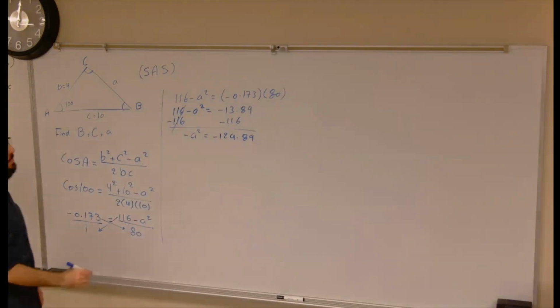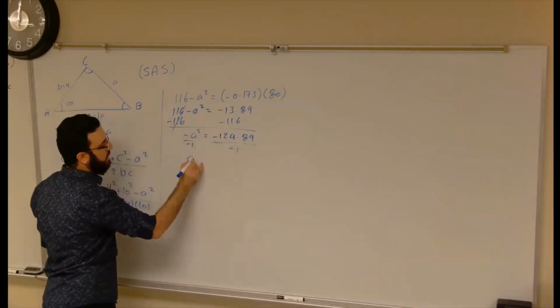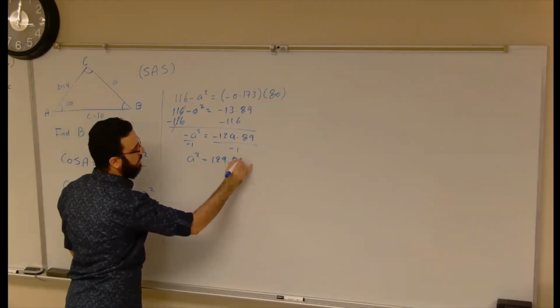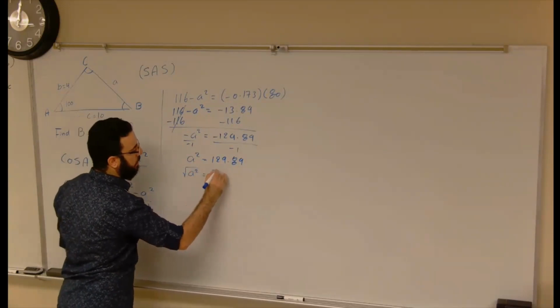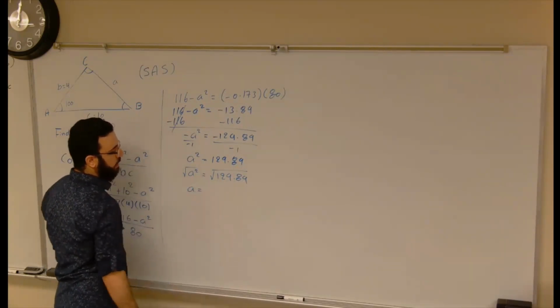The next step, you can divide both sides by negative 1. That means a squared is going to be 129.89. Take the square root of both sides. A is going to be what?